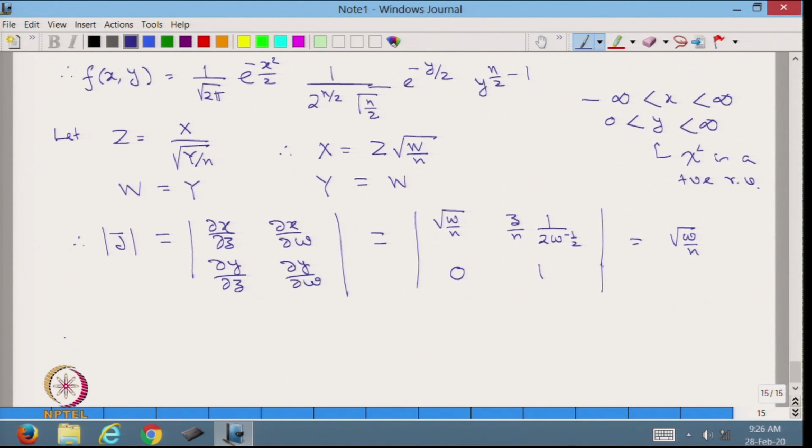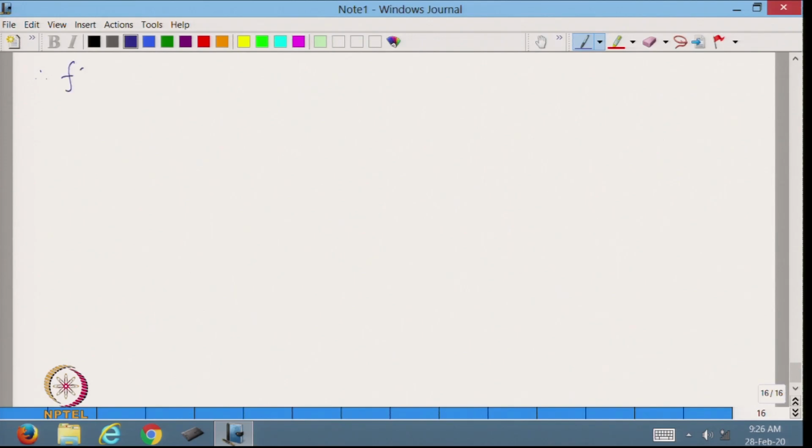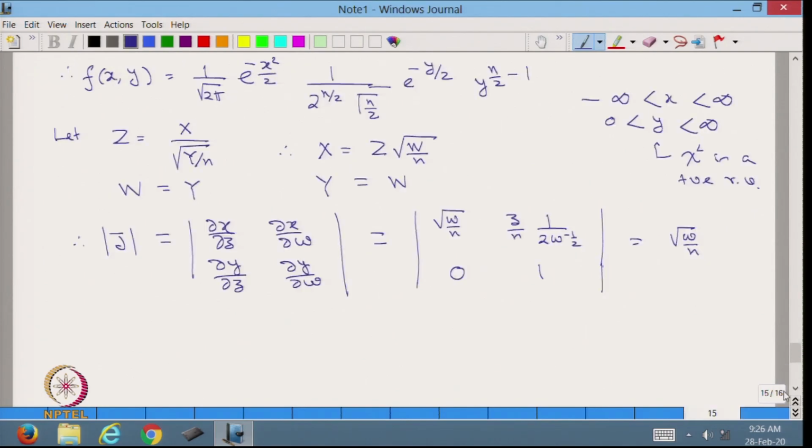Therefore, as before, f of w and z is equal to 1 over root over 2 pi e to the power minus z square w by n by 2. This is because x is equal to z root w by n. Therefore, x square is equal to z square w by n.